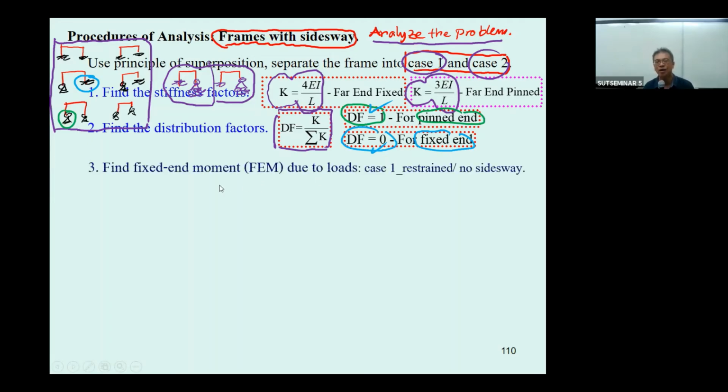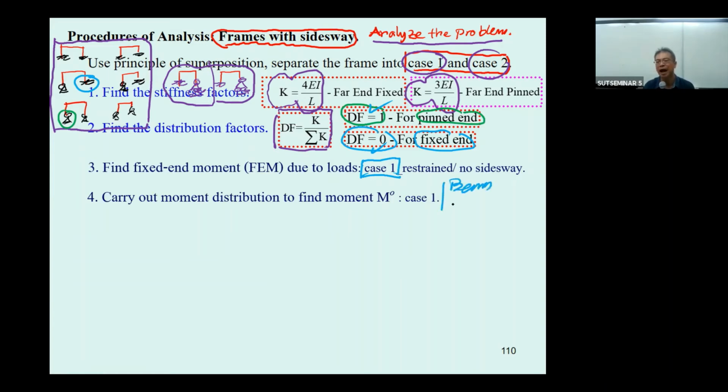Okay, and then you do the fixed end moment for case 1. You do the same as you did for the frame with no sidesway. This is the same as the beam.